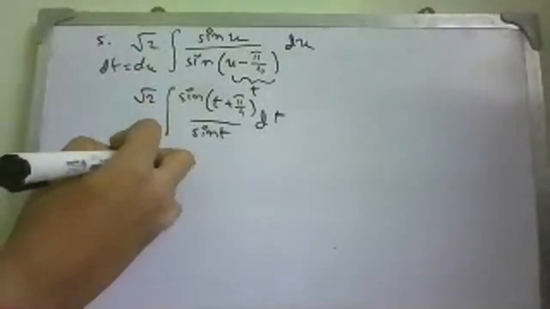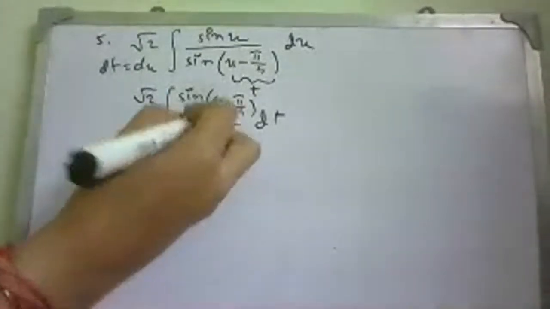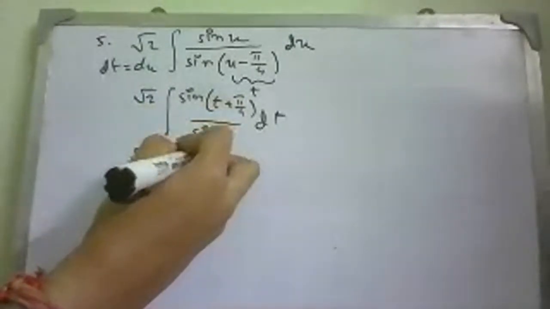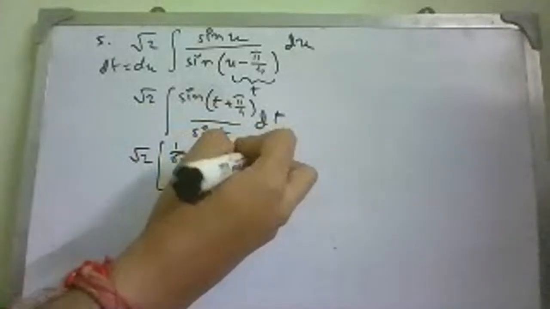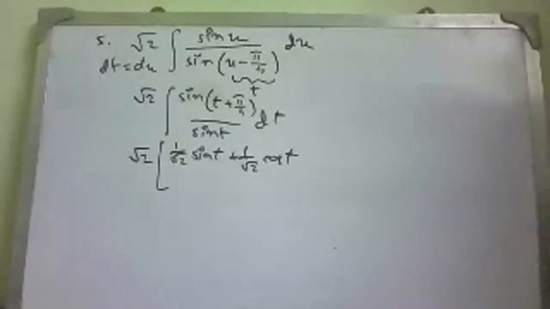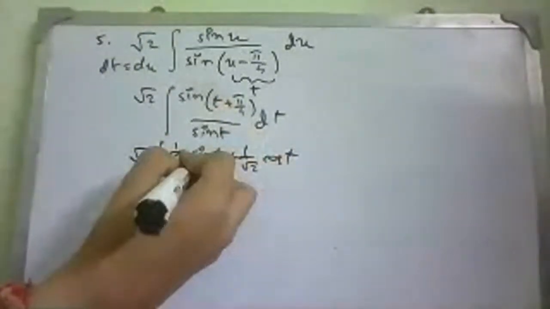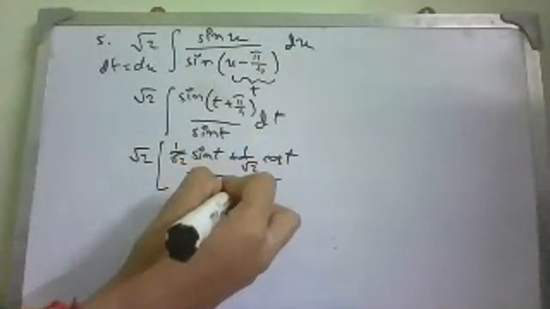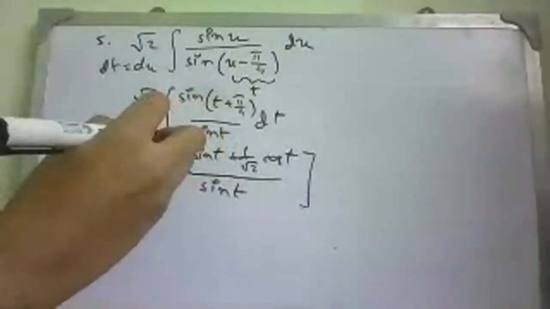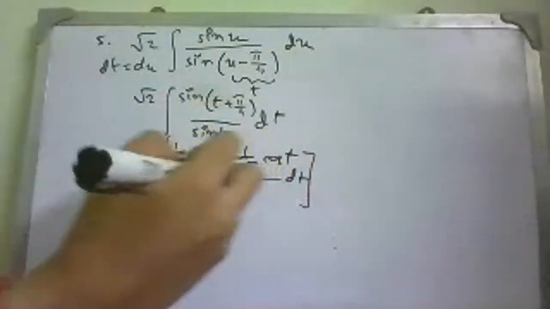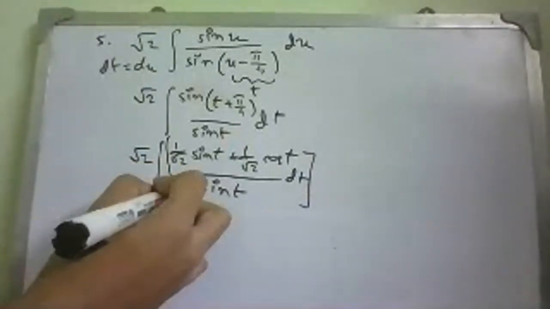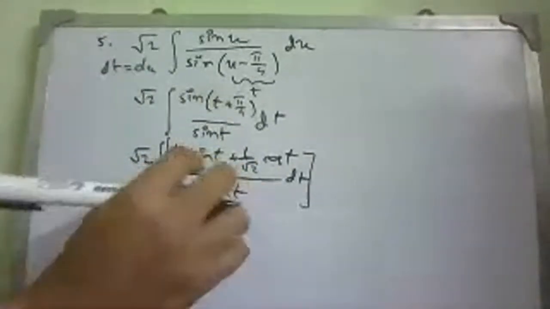Now again the same thing, expansion. Sin(t plus pi by 4), if we go by the formula, is this thing, over sin t.